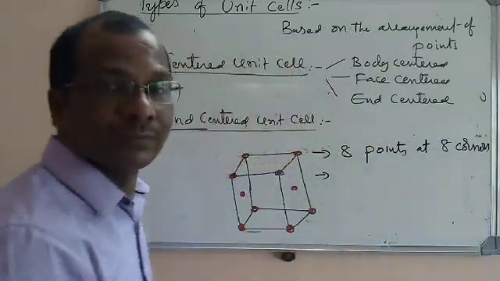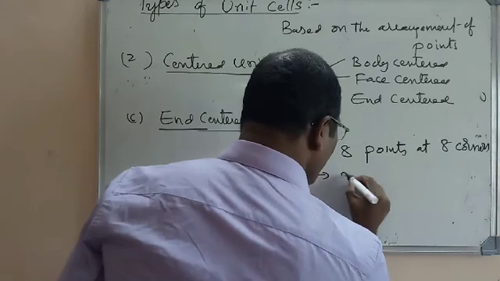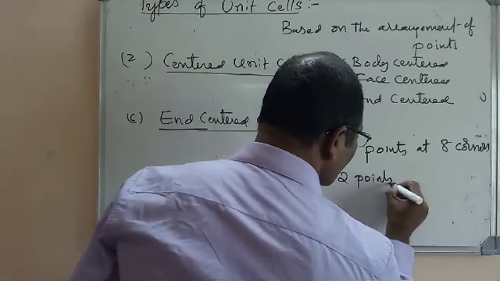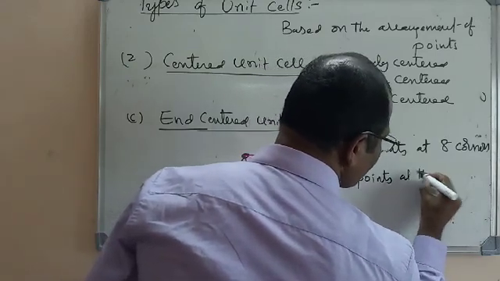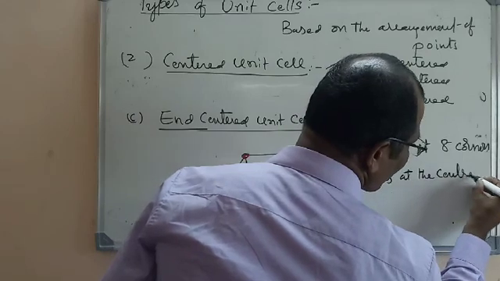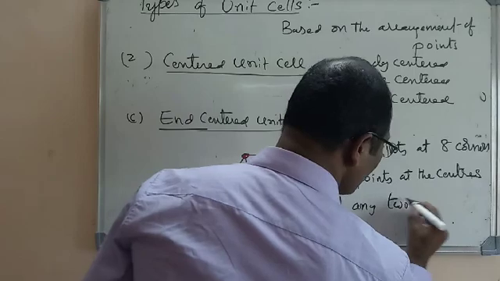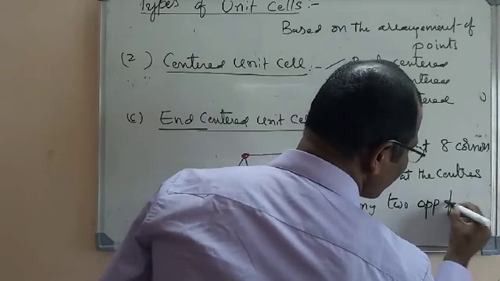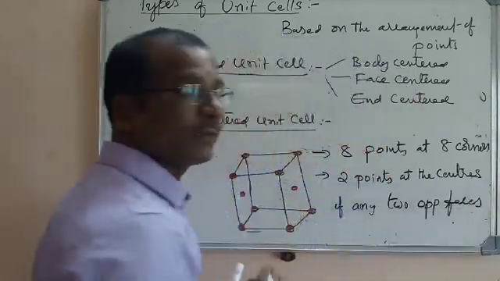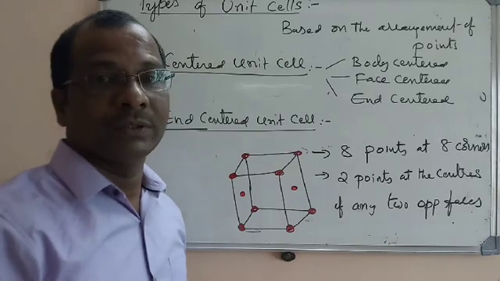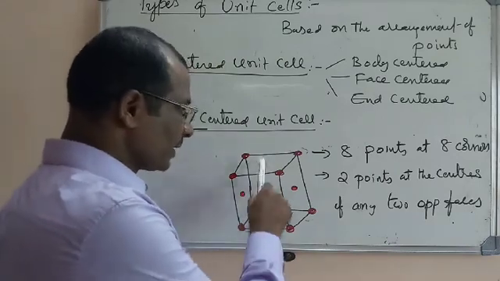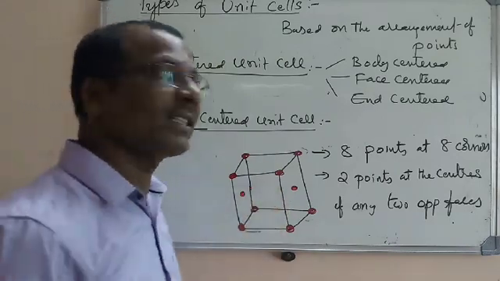Second thing, 2 points at the centers of any two opposite faces. This is essential here. Two opposite faces we have to select. So these two. This is called an end-centered unit cell.